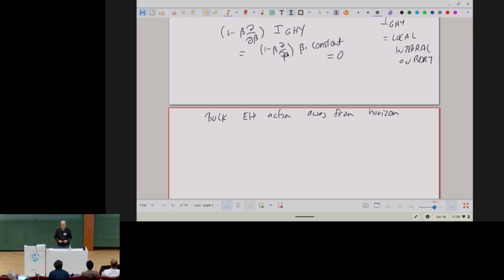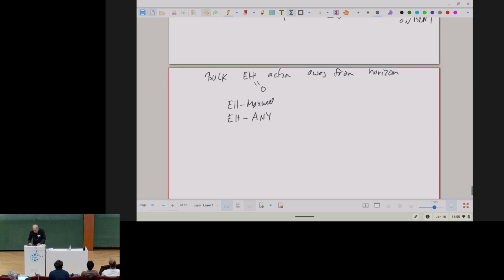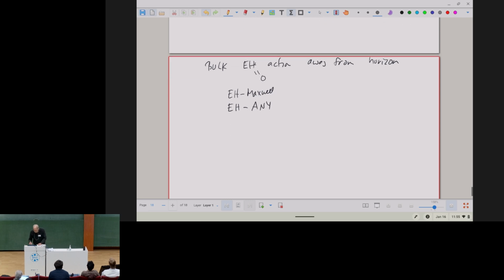So it would be proportional to beta when we change beta. So, well, the Einstein-Hilbert action is 0, but if we were doing Einstein-Hilbert-Maxwell or Einstein-Hilbert something else, if we were doing any generalization of this problem, or if we had negative cosmological constant, for instance, there are all kinds of things that could make the bulk action not be 0. Although literally, for Einstein theory, in 0 cosmological constant, it's 0.